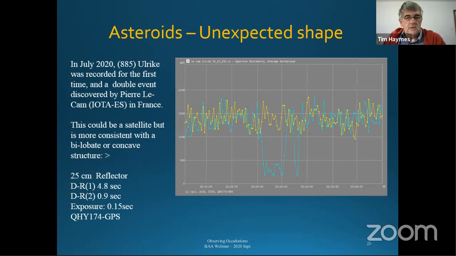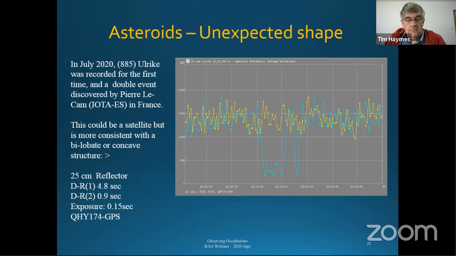He was observing this asteroid 885 Ulrich, and he observed 2 occultations, one after the other. One was a duration of 4.8 seconds and the other 0.9, and he was using an exposure of 0.15 of a second with the QHY 174 GPS camera.